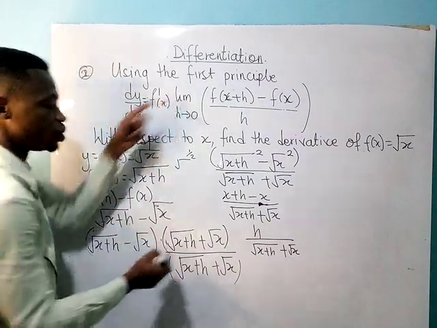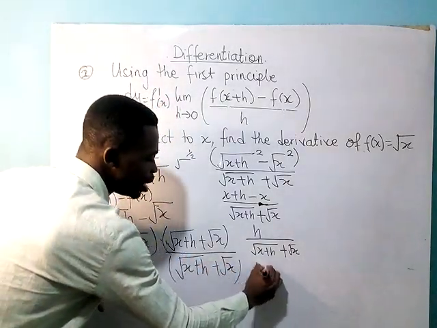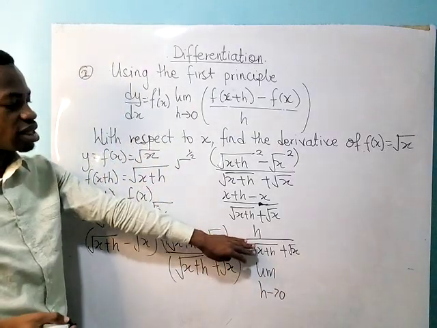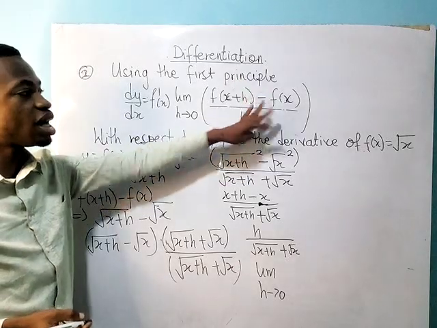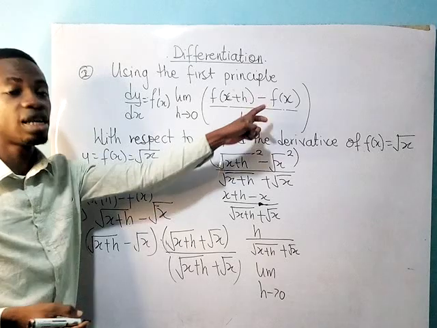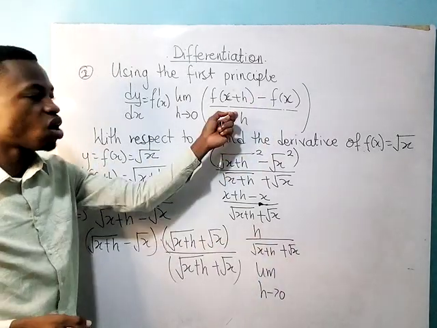Now when we continue, our dy dx is the limit as h approaches 0. Now we need to substitute this into the original formula over here. We know f of x plus h minus f of x, which is this, all over h.